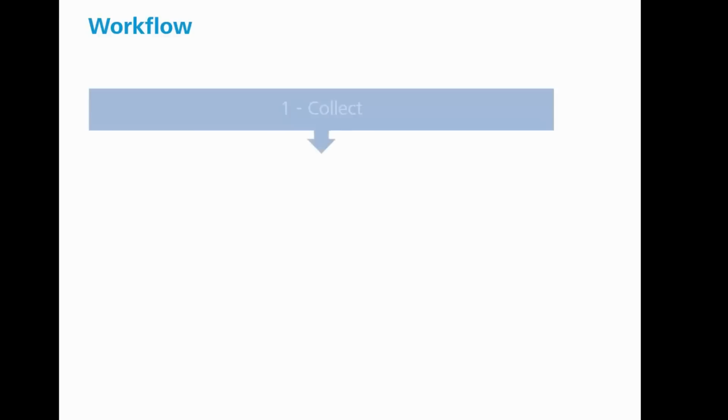First off, it's about collecting the model data. Now, you may receive a Navisworks file. You recognize that by the file ending NWD, so that has already all the models baked into it, so you have a great starting point. Or you may receive individual models that you can open in Navisworks.